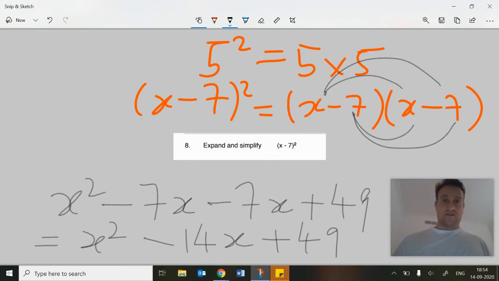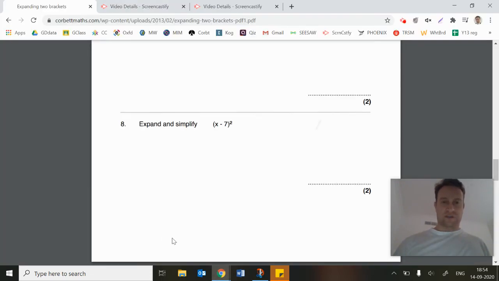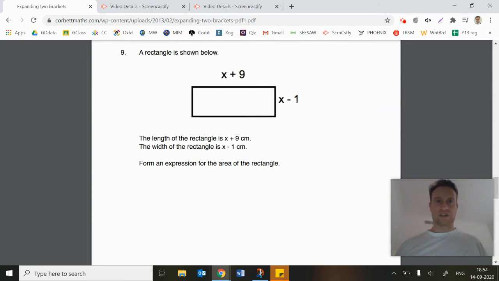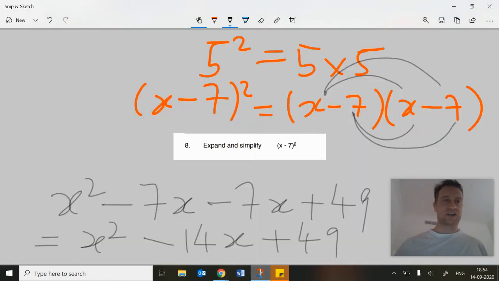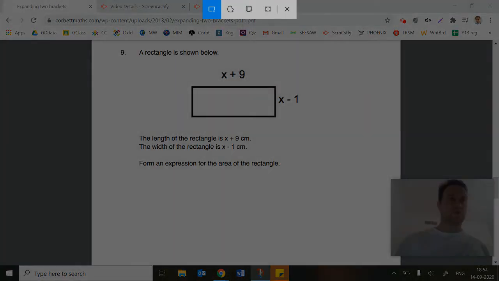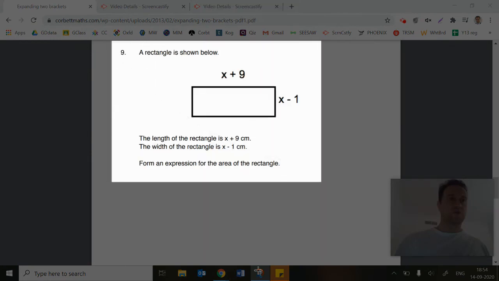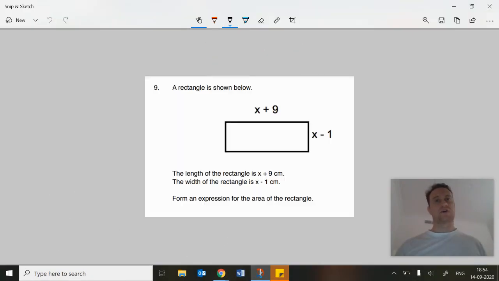Okay, and for the last of the questions I'm going to do here, I'm going to do this question in context. So we've got a worded question, a bit of problem solving here. So a rectangle is shown below. We've got x plus 9 and x minus 1.